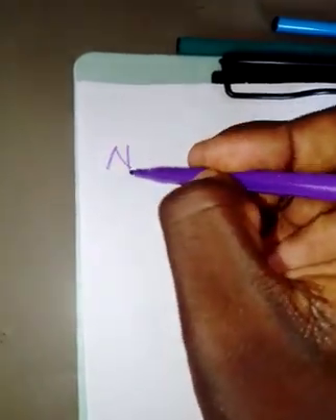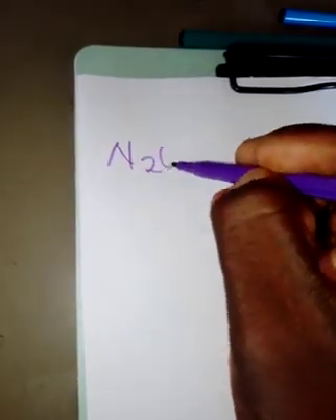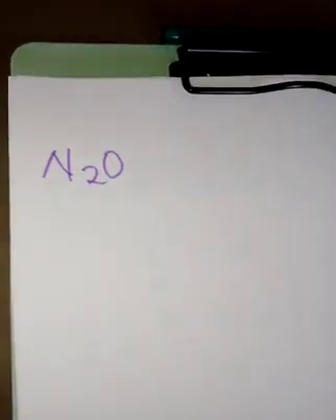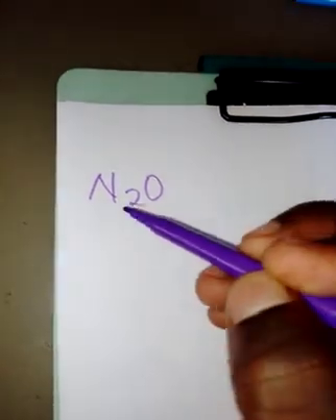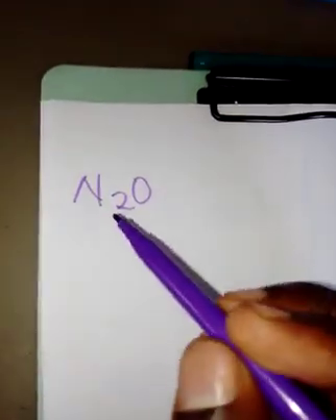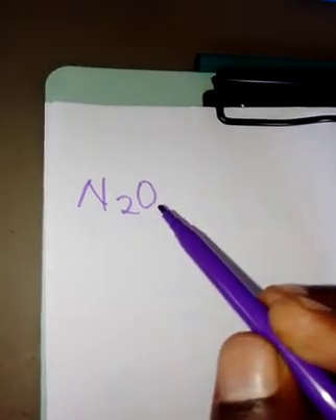So proceeding, let's try to look at some more examples. Let's say I've been given this compound N2O. What is the name of that compound? Applying the same rules, we know this is nitrogen and this is oxygen.